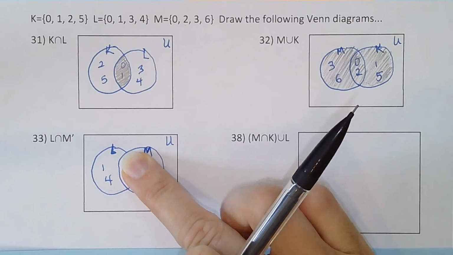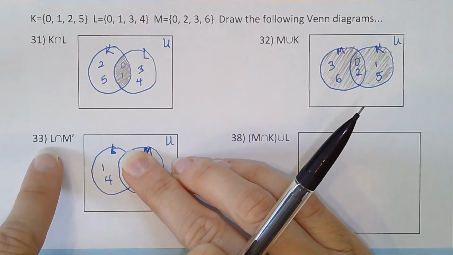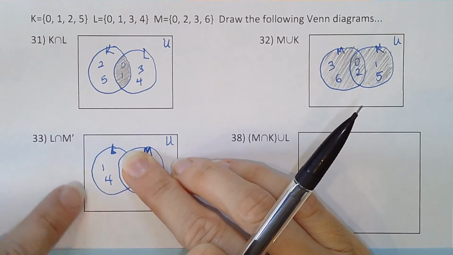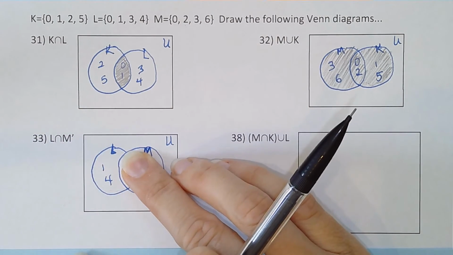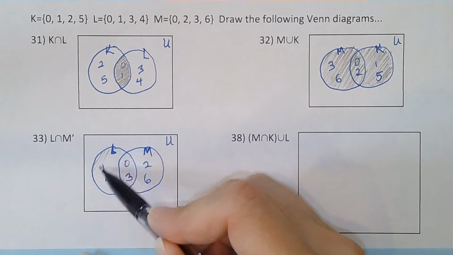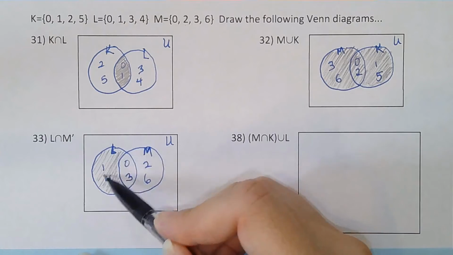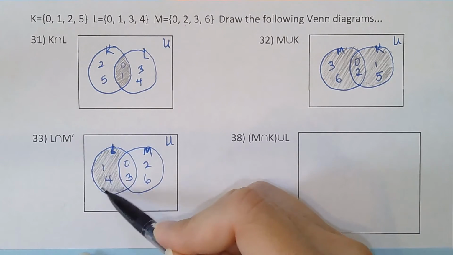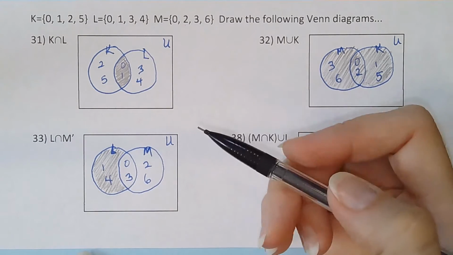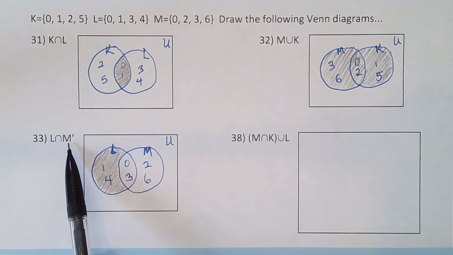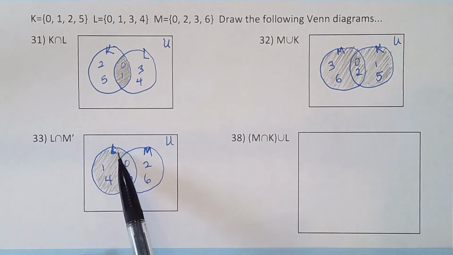But now remember that I want what L and the complement of M have in common. So what they have in common would just be this area right here, this part of L. Okay, that's what L intersect the complement of M would have in common right here.